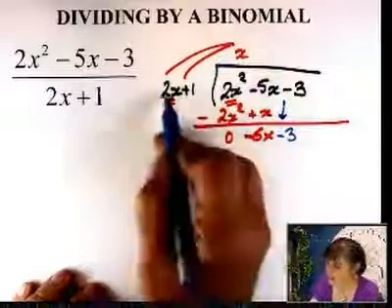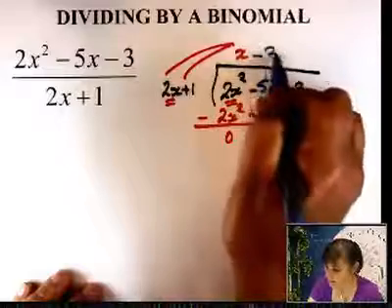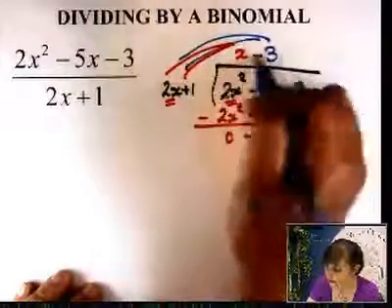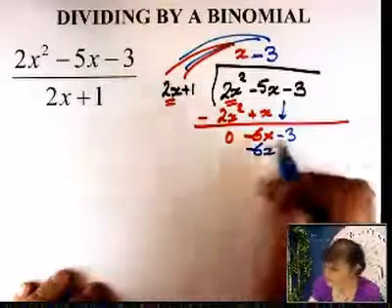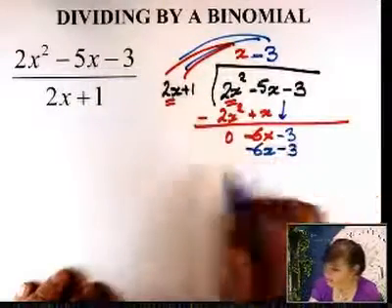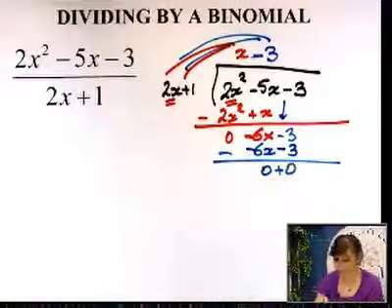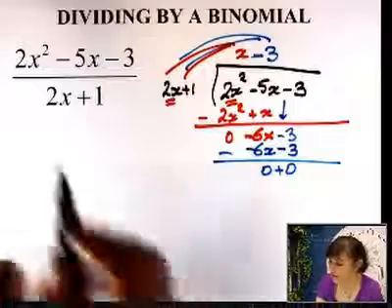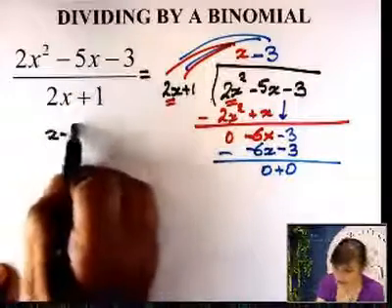How many 2x's is negative 6x? You are going to have to multiply by negative 3. FOIL it back. Negative 3 times 2x is negative 6x. Negative 3 times plus 1 is negative 3. You get 0. No remainder. Very good. So the answer to that is simply x minus 3.